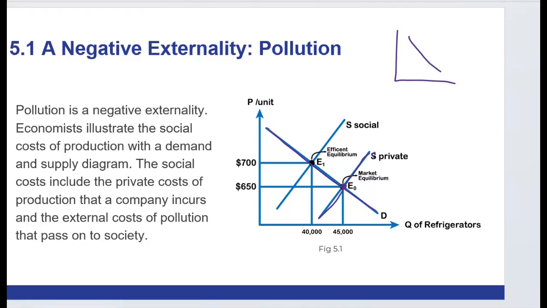So I have my demand curve and I have my supply curve. I have my equilibrium and so on. So that's represented on this graph. Here's my equilibrium. And instead of calling it just the supply curve, I'm going to call it the S private curve. What I'm saying is that in the private market, this would be the supply.